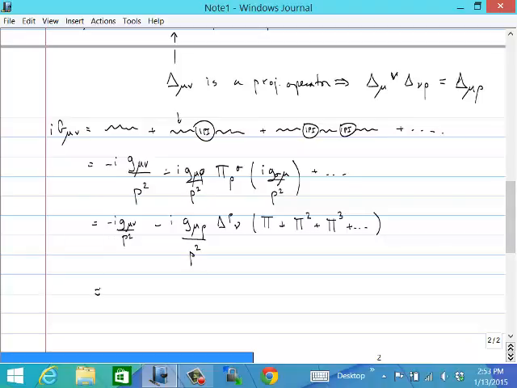So what this is going to give you is minus I over p squared, now with the correction term, so that 1 plus pi plus pi squared and so forth will resum into 1 over 1 minus pi. And then that's going to be multiplied by this projection operator, which we'll write as g mu nu minus p mu p nu over p squared.